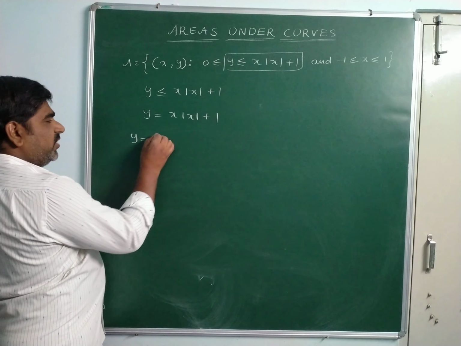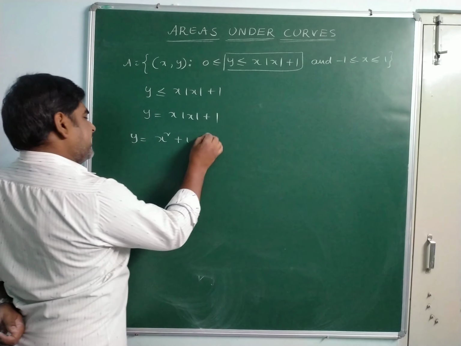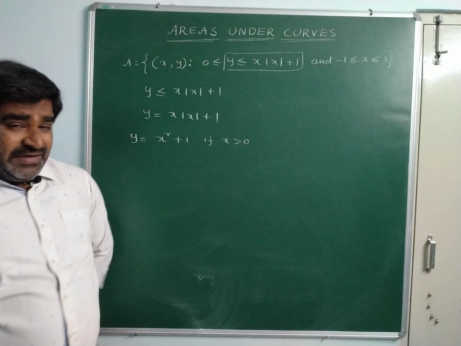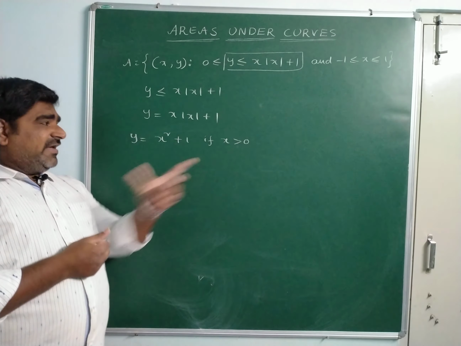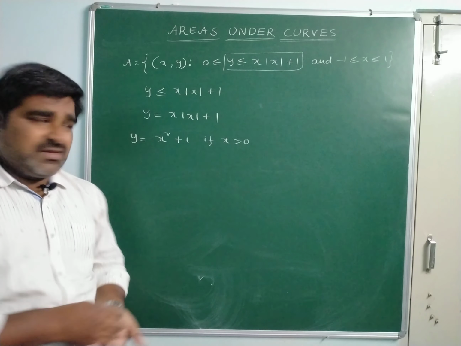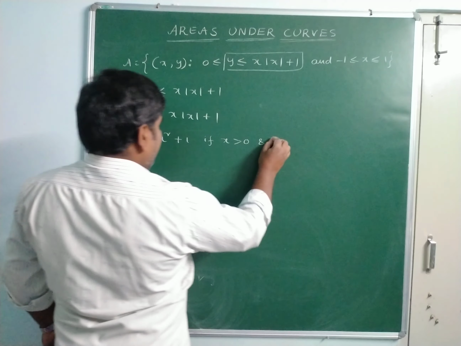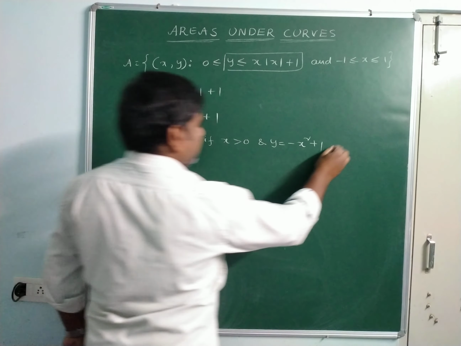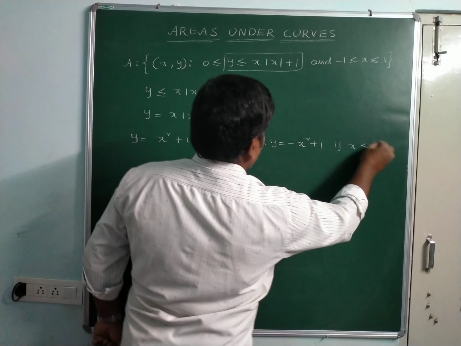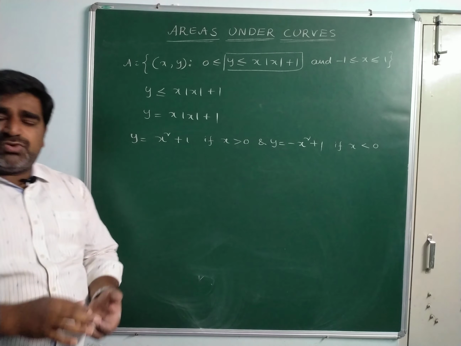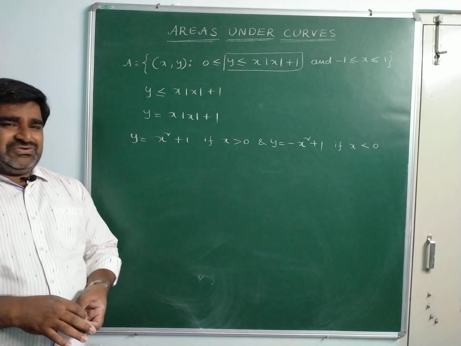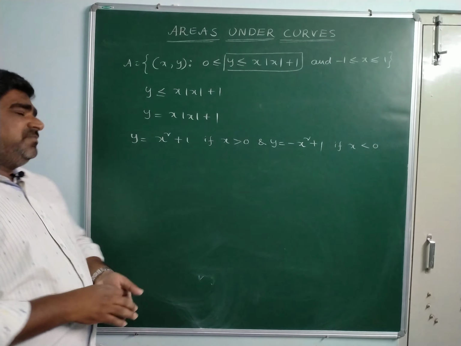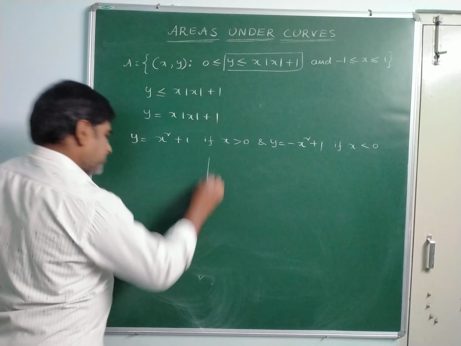So y = x² + 1 if x is greater than 0, because if x is greater than 0, |x| becomes x. And y = -x² + 1 if x is less than 0, because |x| becomes -x if x is less than 0. So now let us try to trace the curve.